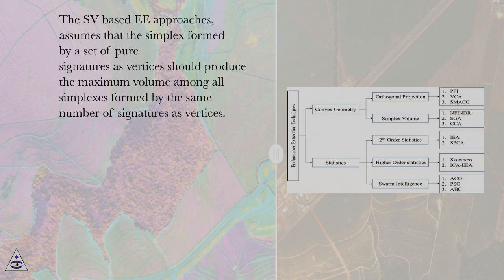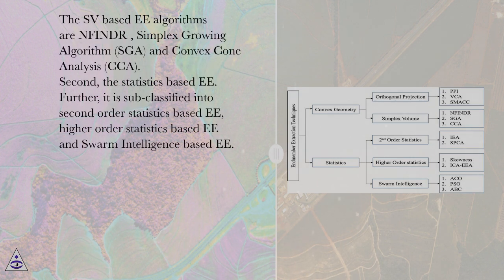The SV-based EE approaches assume that the simplex formed by a set of pure signatures as vertices should produce the maximum volume among all simplexes formed by the same number of signatures as vertices. The SV-based EE algorithms are N-FINDR, Simplex Growing Algorithm, SGA, and Convex Cone Analysis, CCA. Second, the statistics-based EE.